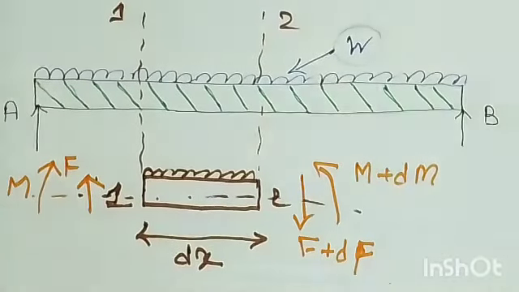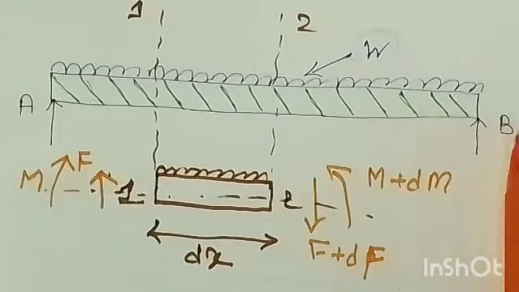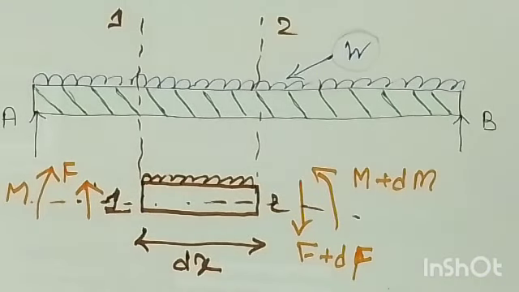So this is what we have considered. We have a beam, and here we have taken a simply supported beam, because two supports are there: one support at end A and another at B. So a simply supported beam carrying UDL over the length.